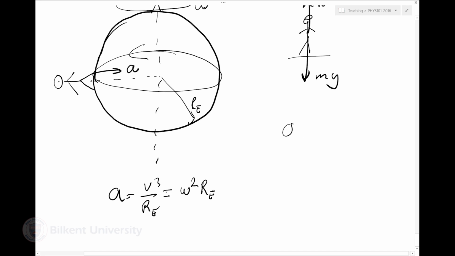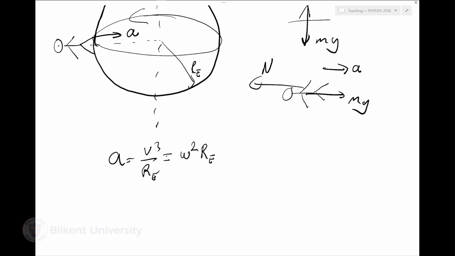So if I am on the equator, what are the forces on me? I will have mg pulling me towards the Earth. I'll have the normal force N pushing me outward. But there is an acceleration a towards the center.